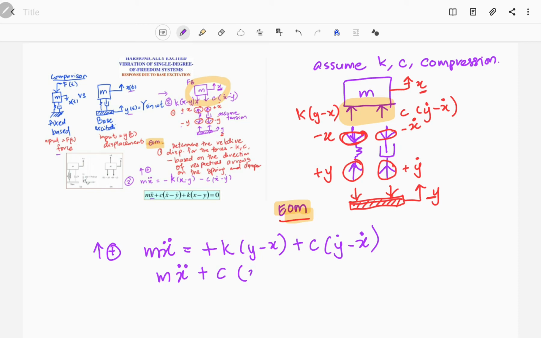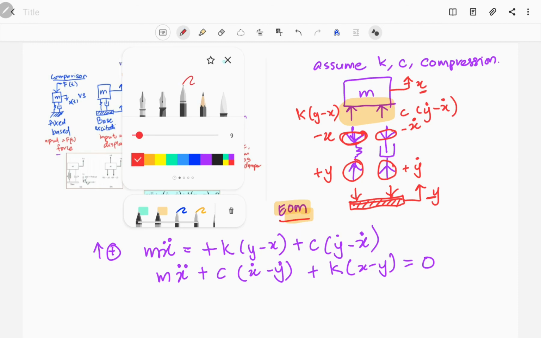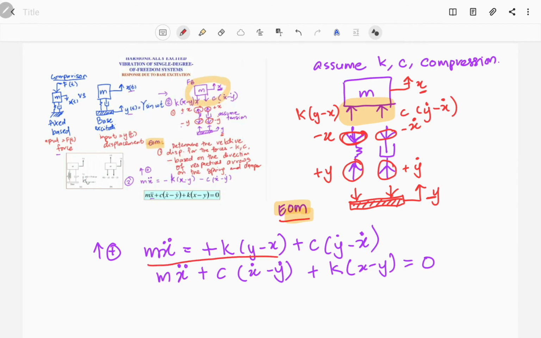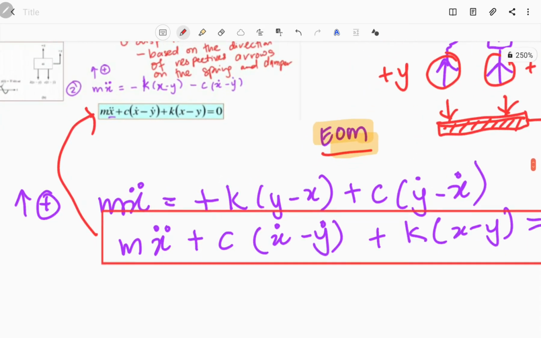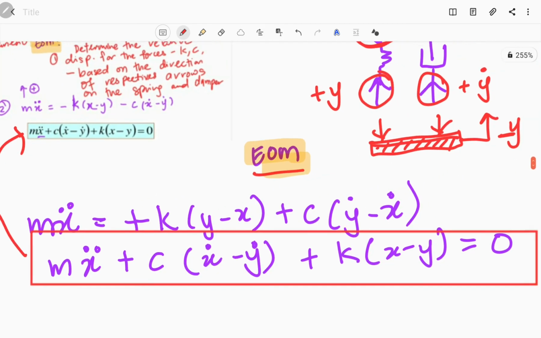So you will get C (x dot minus y dot) plus K (x minus y). You can see that this equation here is the same as the one that we derived previously, which is this one. Maybe you can see. So it's the same.